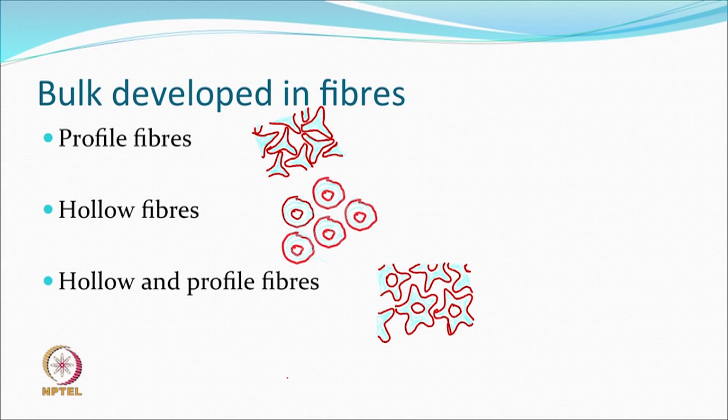So, this we learnt in the beginning also, that if you change the cross sectional shape of any filament yarn, the specific volume per unit weight, per unit mass will definitely be high, and so you can say we are developing bulk.